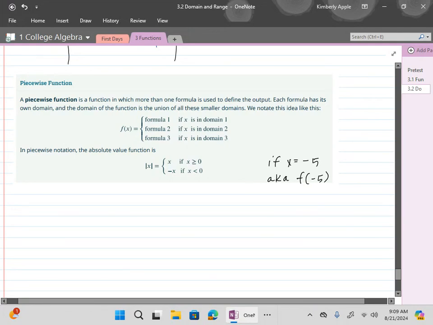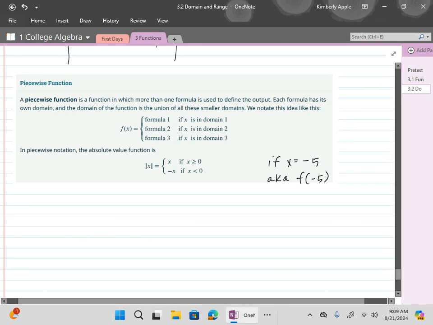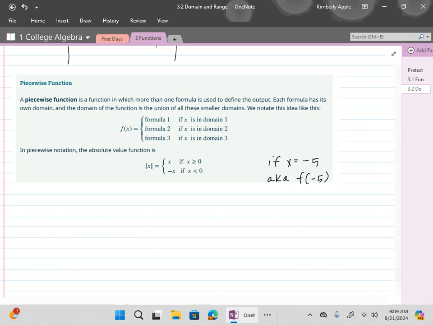Is it in domain number 1 or domain number 2? Is x greater than or equal to 0? Is -5 greater than 0? No. It's okay. So -5 is less than 0, so I use this one.